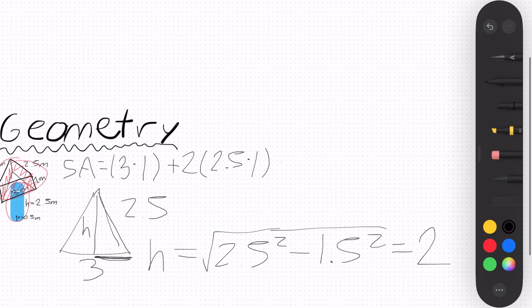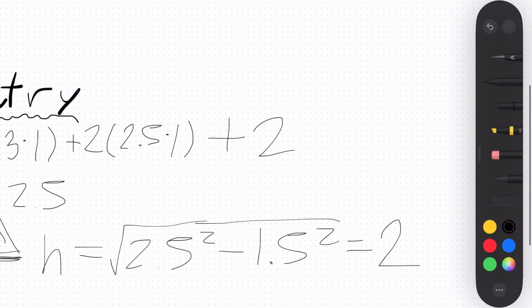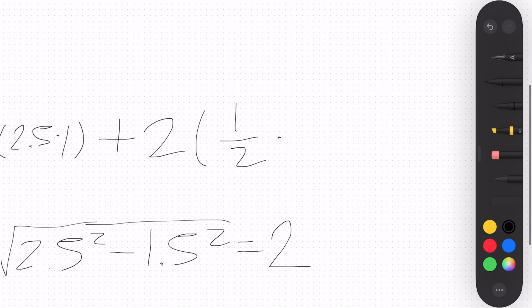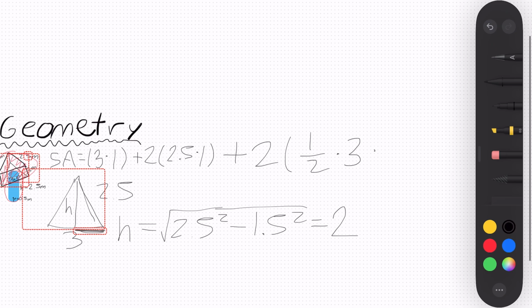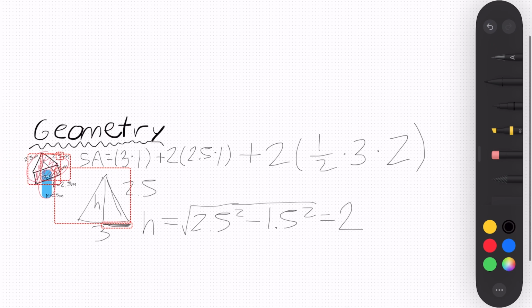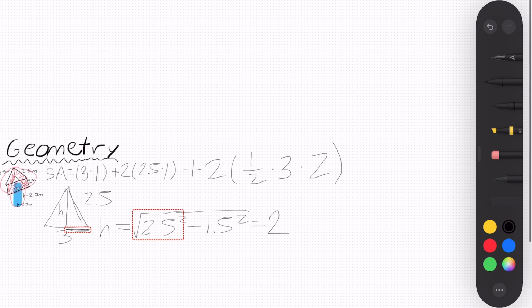So we add 2, because we have 2 of these faces, times 1/2 times our base, which is 3, times our height, which is 2. For this, we can continue solving it.